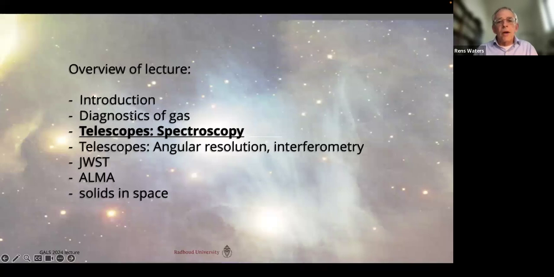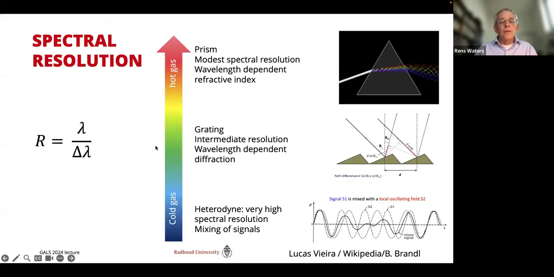So let's look now a bit at spectroscopy and what kind of basic concepts people have employed to spectrally resolve transitions of atoms and ions and molecules from interstellar gas. And here's a very simple diagram. So we define the spectral resolution simply as the wavelength at which we observe divided by the resolving power.